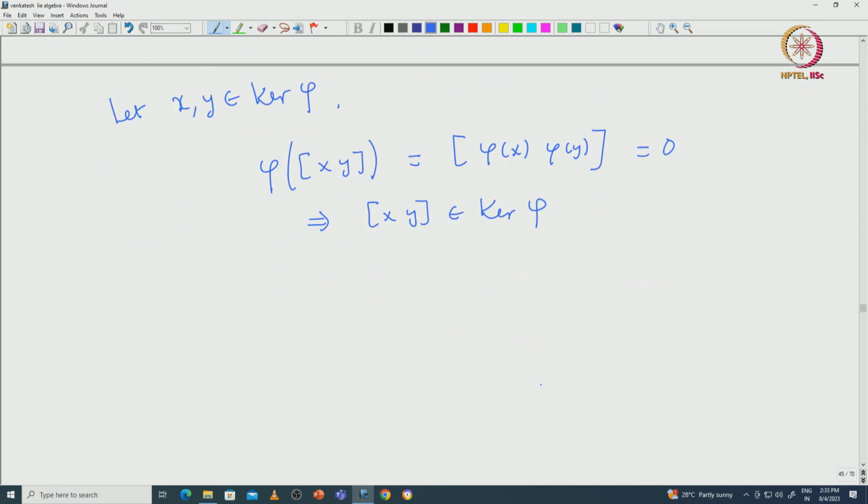Now more than this, you can see from this equation, if one of phi of x or phi of y is 0, then the bracket is going to be 0.